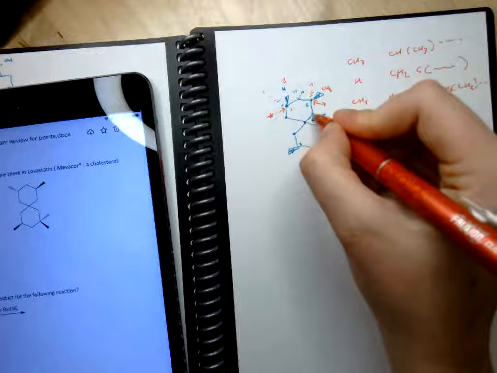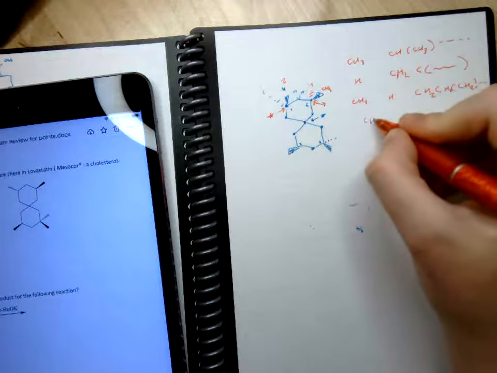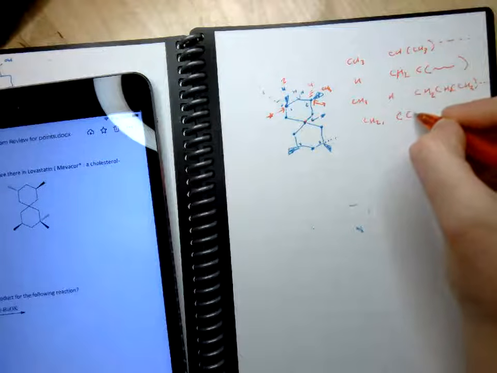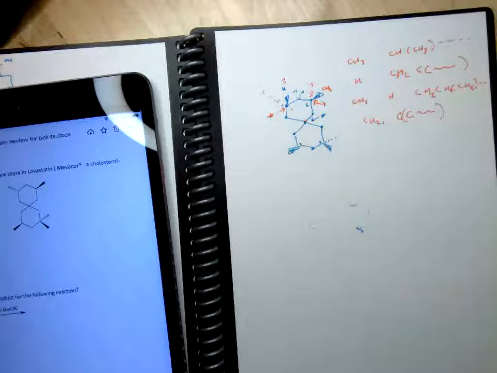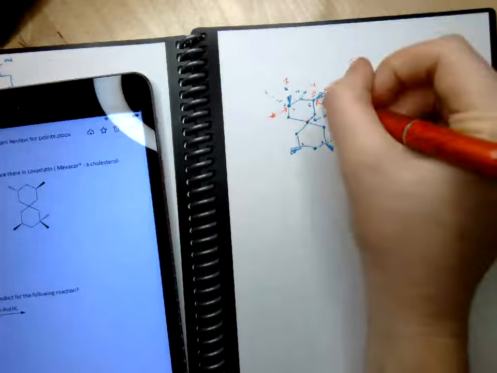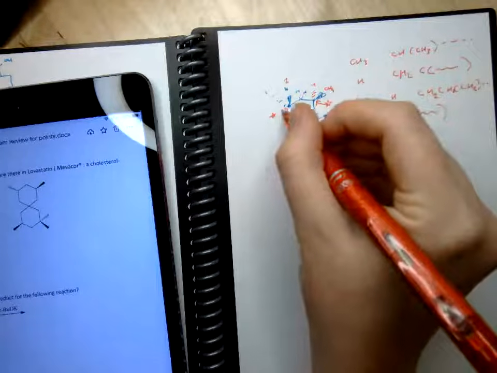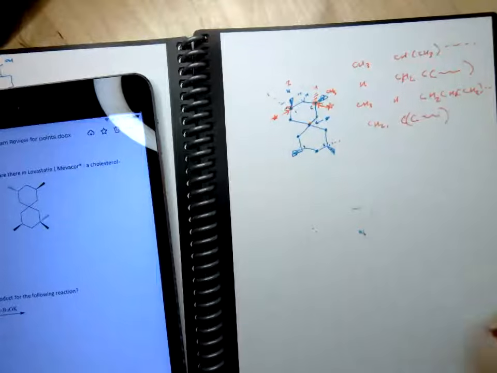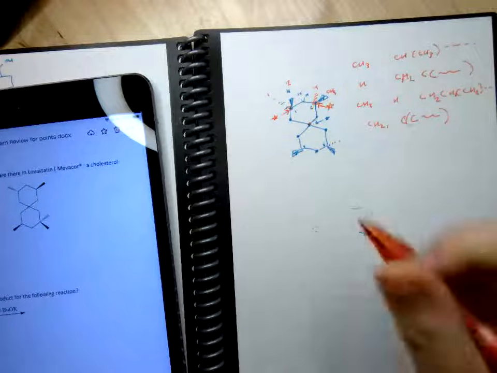And on this side, you would have CH2 followed by this carbon with 4 carbons bonded to it. So I would say that those are different. So both this and this are a chiral center because they each have 4 different things attached to them, and there's no plane of symmetry.